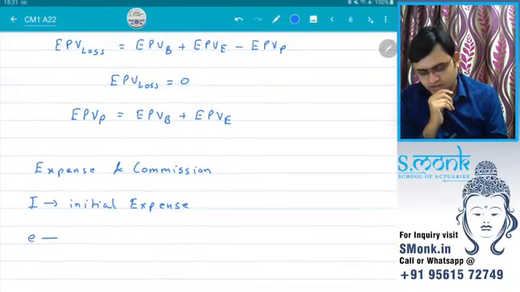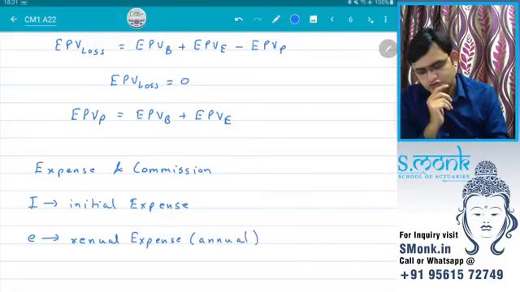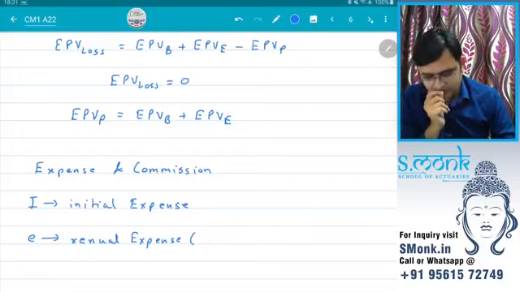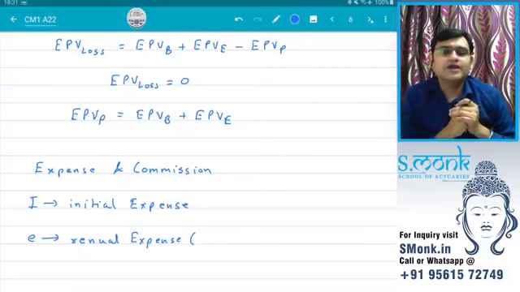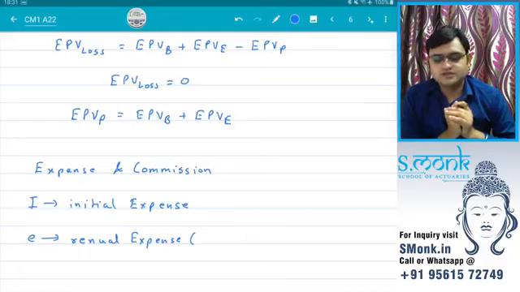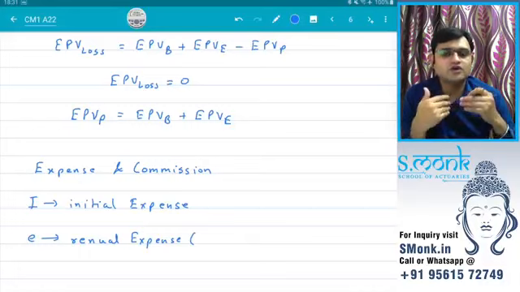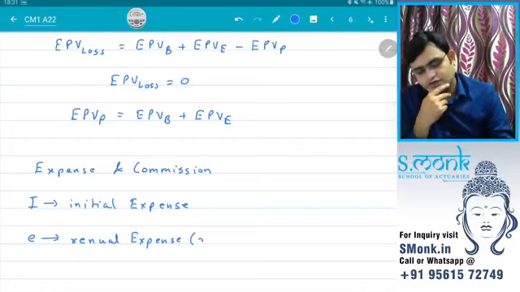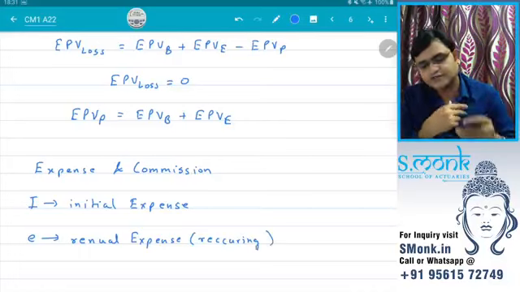Then we'll write E. E is called a renewal expense. We might have it monthly or quarterly or half yearly or whatever, so we call it recurring expense.